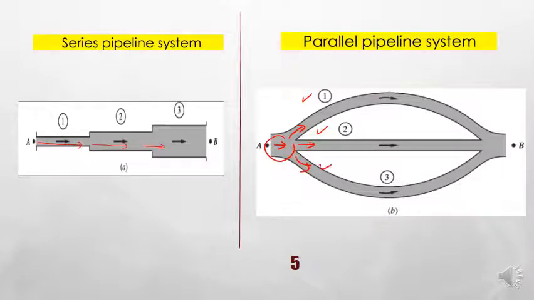That's why you call it a three branch system under parallel pipeline system. You may also break it into two branches like this: from one source, you break it into 1 and 2. If it's like this, we call it a two branch, and if it's like this, we call it a three branch.